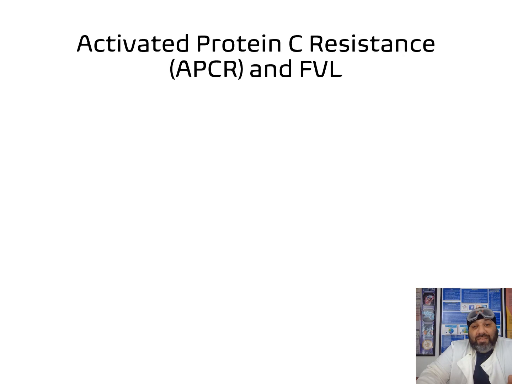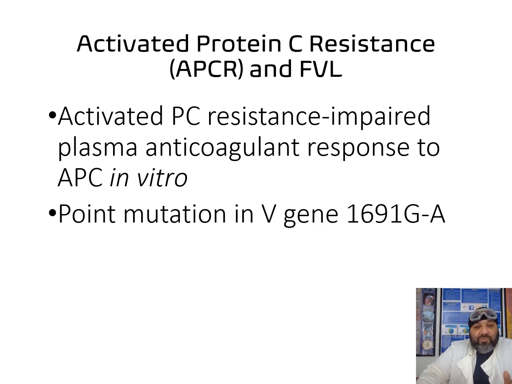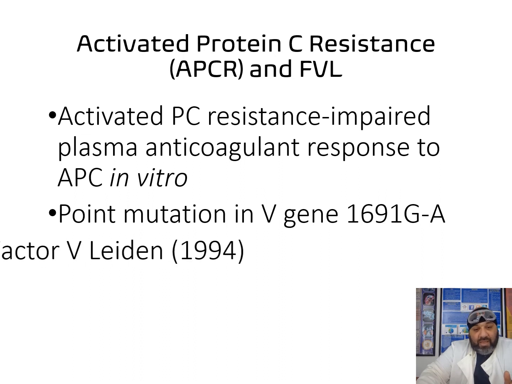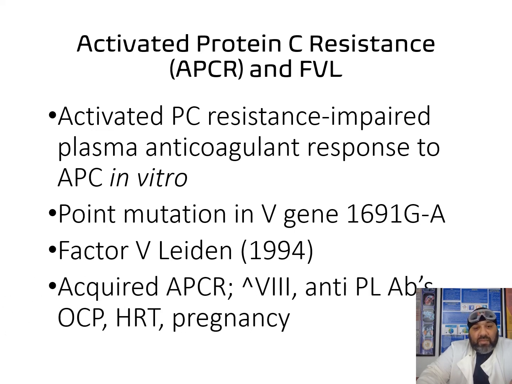Activated protein C resistance, or APCR, in context with factor V Leiden: activated protein C resistance is an impaired plasma anticoagulant response to APC in vitro, due to a point mutation in the factor V gene, 1691 G to A, and this was identified in the context of factor V Leiden in the 90s.